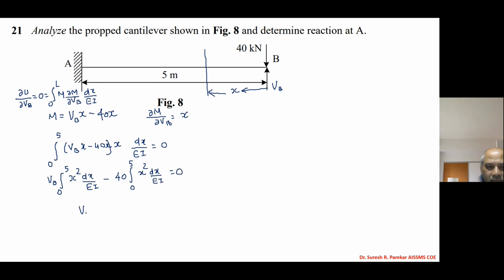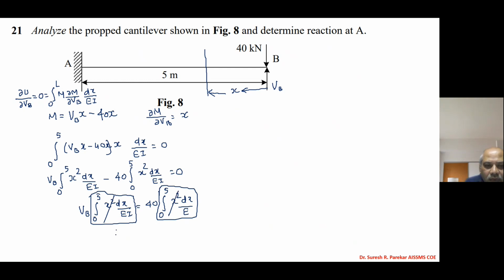Now if we take this part to the other side, integration 0 to 5 X square dx upon EI is equal to 40 integration 0 to 5 X square dx upon EI. You can see this term and this term are the same, and therefore they get cancelled, and we get VB equal to 40 kilonewton.